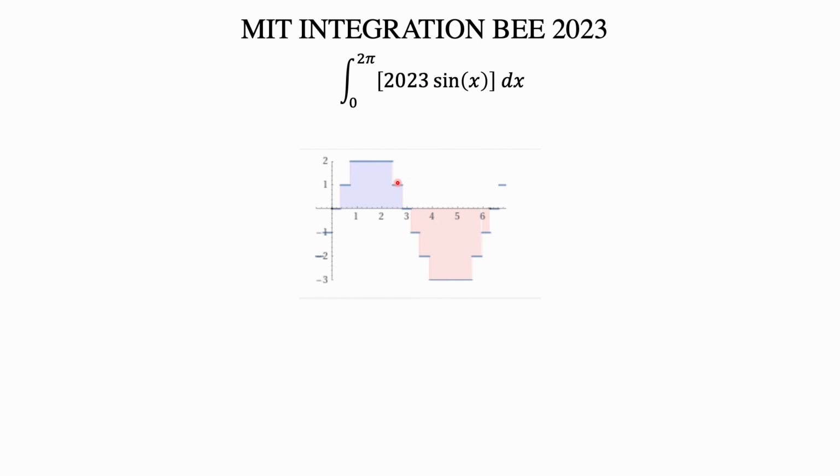You could not have done this problem if it was just given to you on an exam and you had never dealt with this kind of problem. If it is sine of x, or 2 sine of x, that seems reasonable, because you can find the discontinuities when this number is smaller. But when you have this 2023, it's impossible.